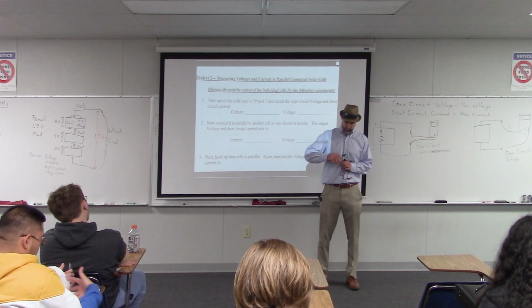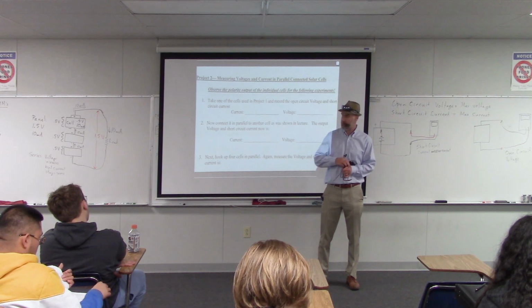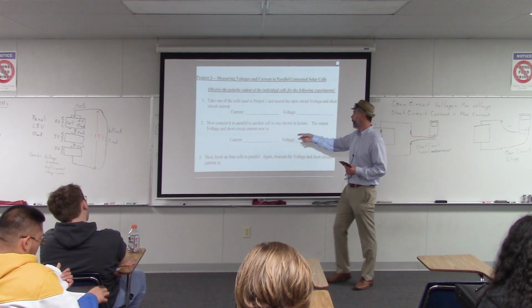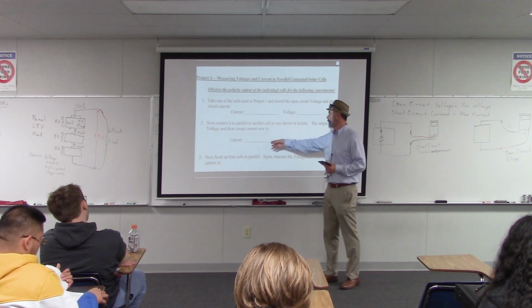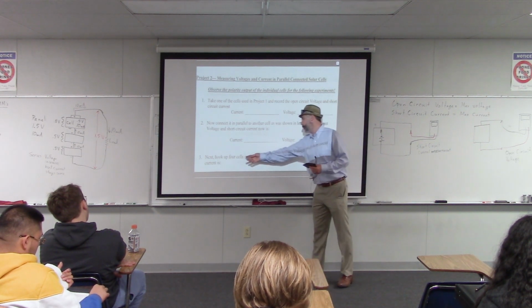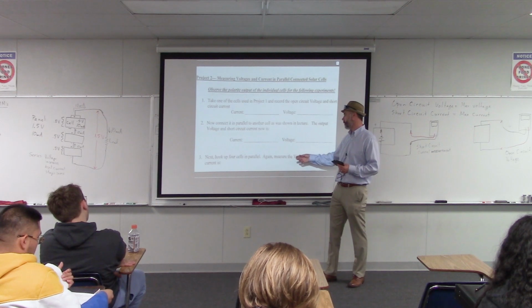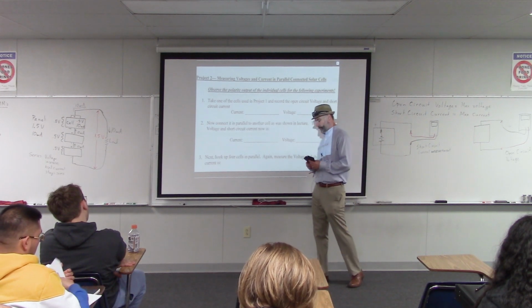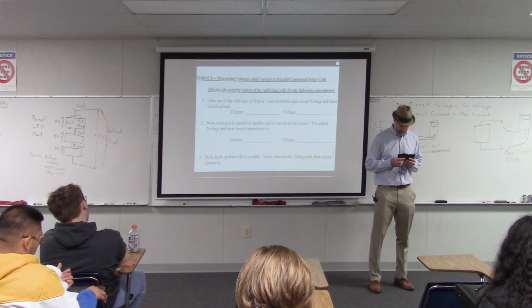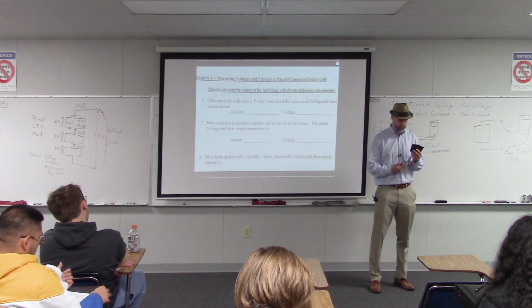All right. So you would do this for 2 panels and then measure the current and voltage for these 2 panels. And then you would do it for 4 panels, and you would measure the current and voltage for 4 panels in parallel.